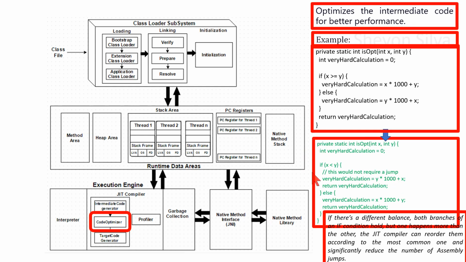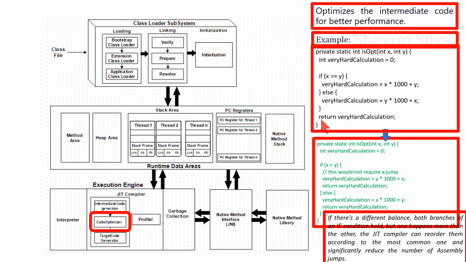There are several optimization techniques: null check elimination, branch prediction, loop unrolling, inlining methods, etc. And in this example, we are focusing on branch prediction.